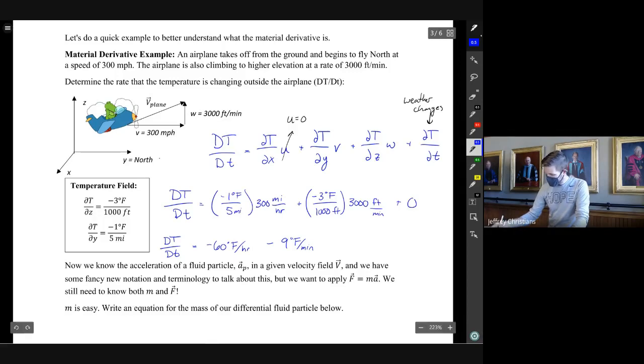The temperature is changing 60 degrees every hour because you're traveling north, and it's changing 9 degrees every minute because you're going up. So at this instant in time, DT/Dt equals -10 degrees F per minute.